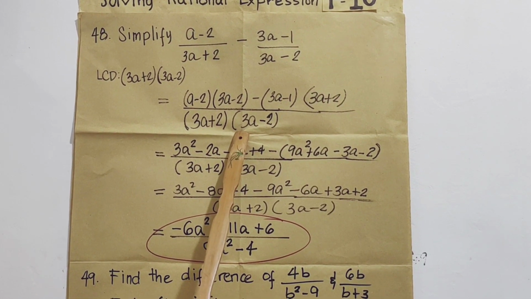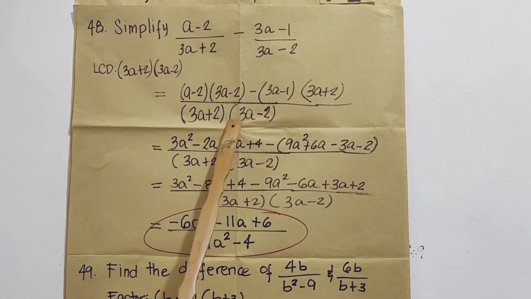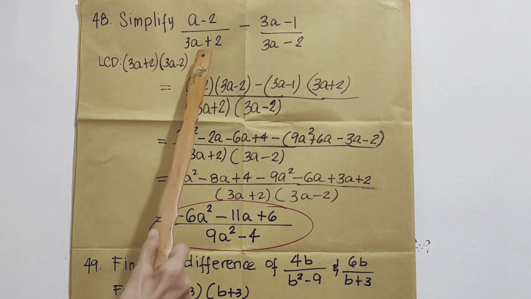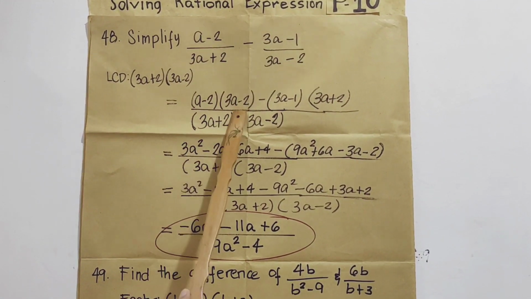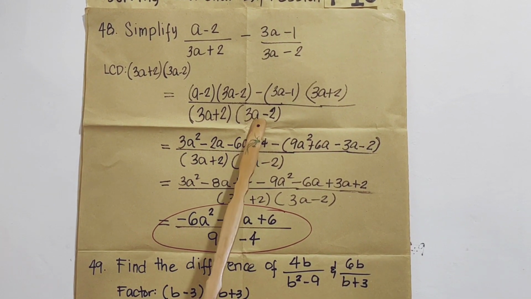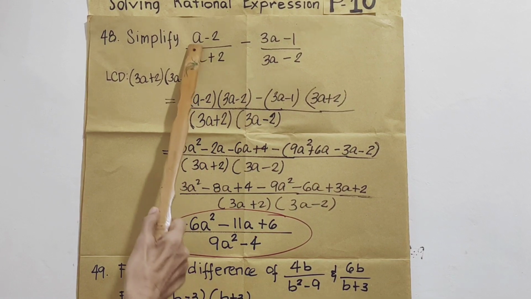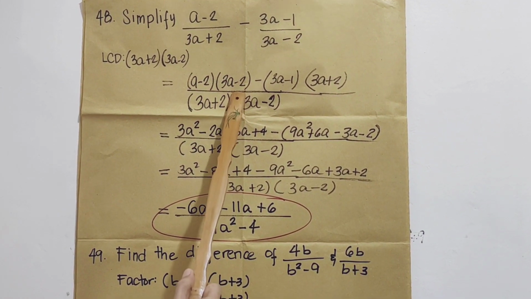Then our next step is to divide the LCD by the denominator of the first rational expression. So we're going to divide now. Cancel, so the remaining is 3a minus 2. And this 3a minus 2 is multiplied to the numerator. That's why the result is a minus 2 times 3a minus 2.